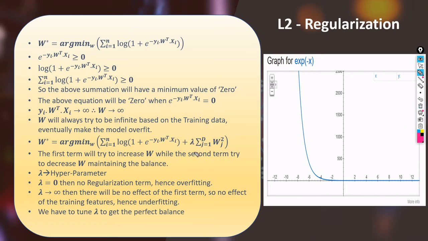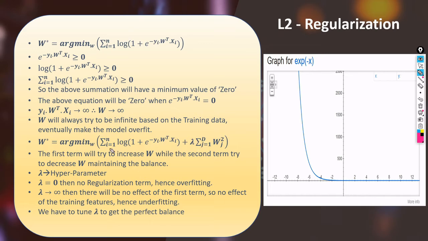In k nearest neighbor, we have seen the hyperparameter is k. By tuning the k, we can get the best out of the KNN model. Similarly, by tuning this lambda, we can get the best logistic regression model. Now let me tell you how this regularization is actually working.